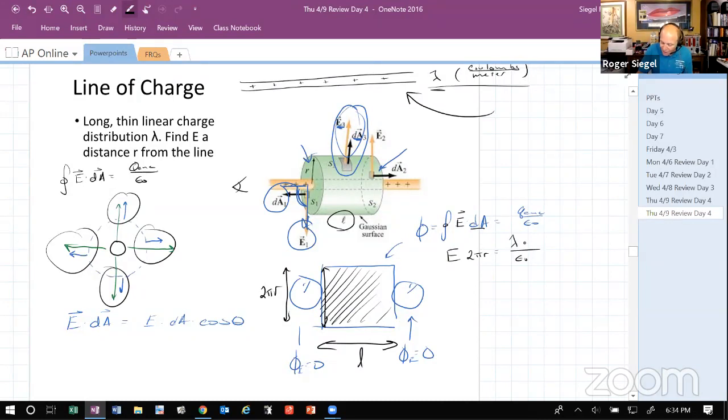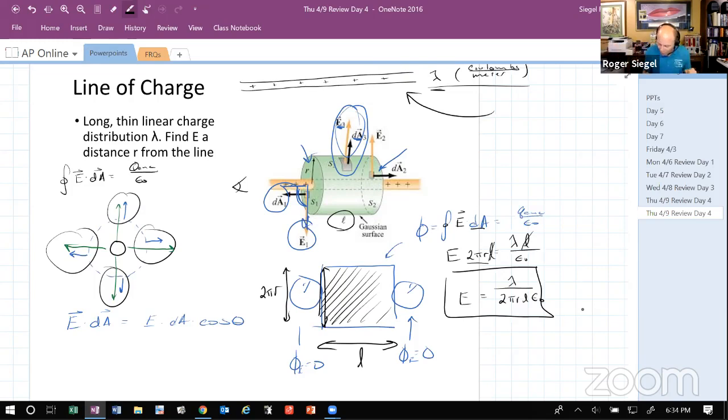That's going to be lambda times L. And I forgot that the area is 2 pi r times L. So the L's cancel, and E is equal to lambda over 2 pi r epsilon naught. And that is our E field a distance r away from a long line of charge.